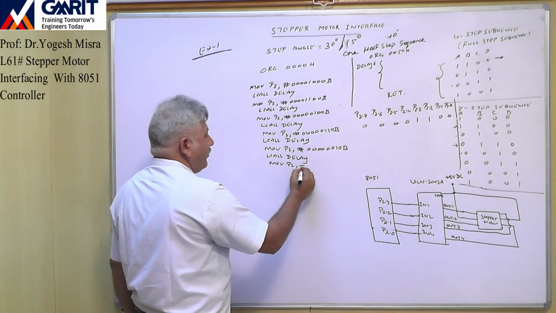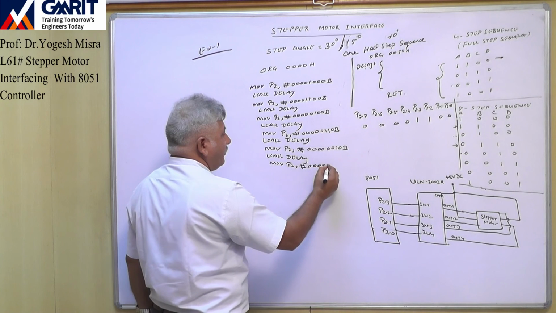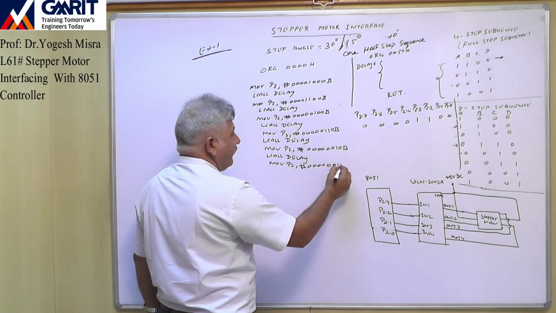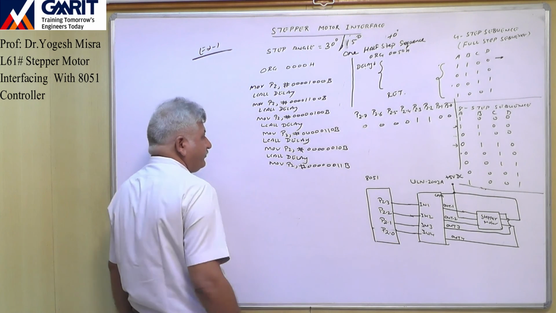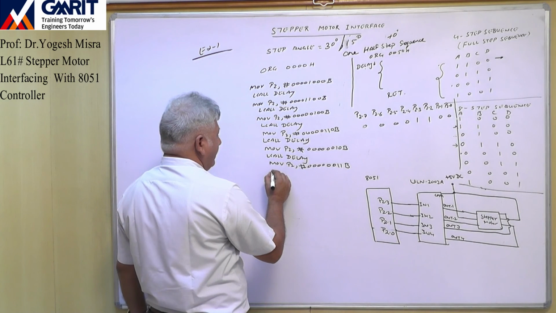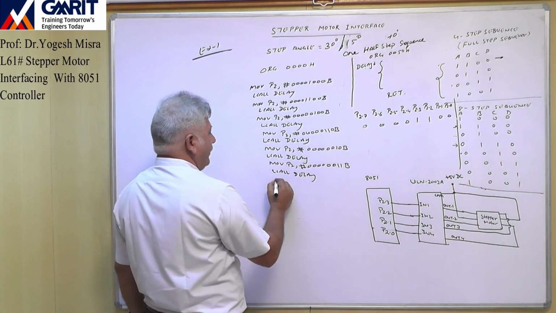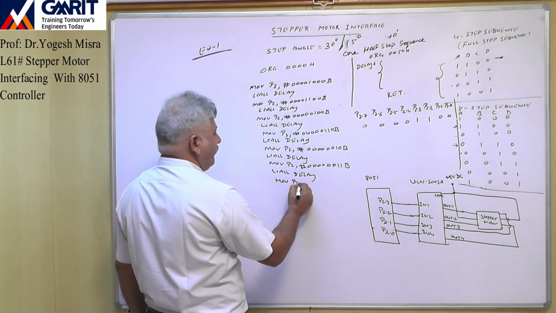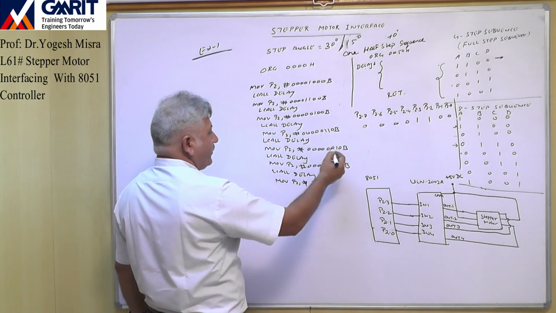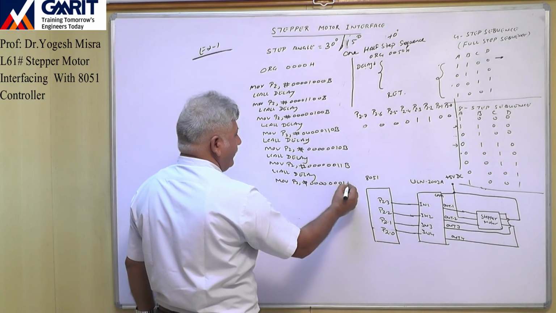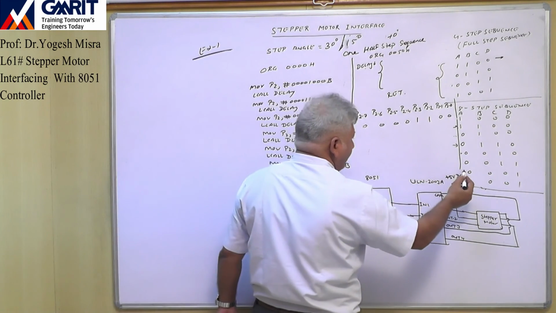Move P2 comma hash 0000 0011 B. Then I'll call delay. After this, move P2 comma hash, this one will be shifted here, 0000 0001 B.